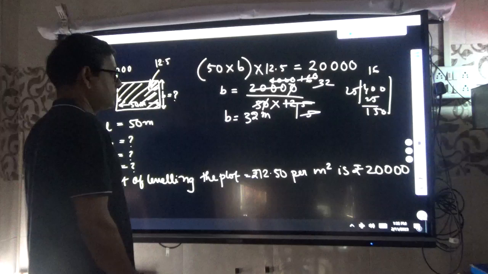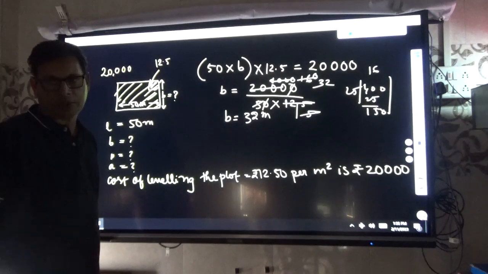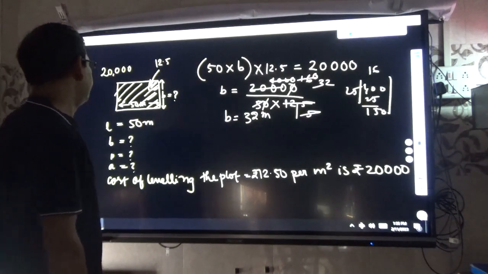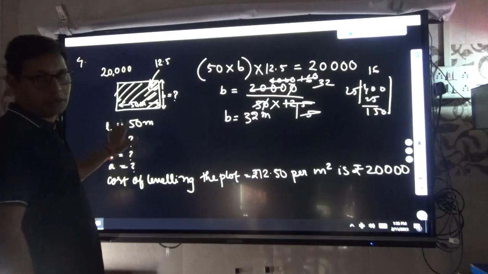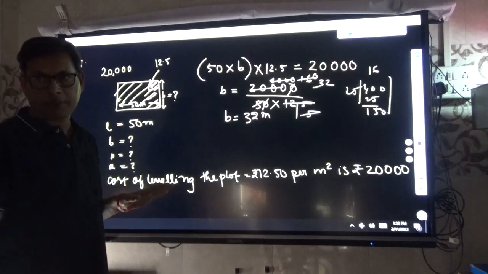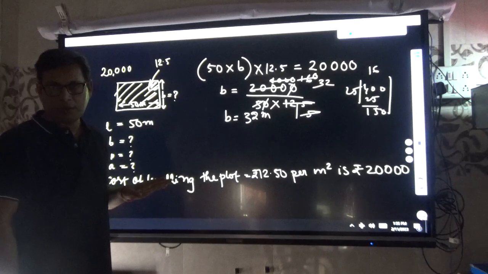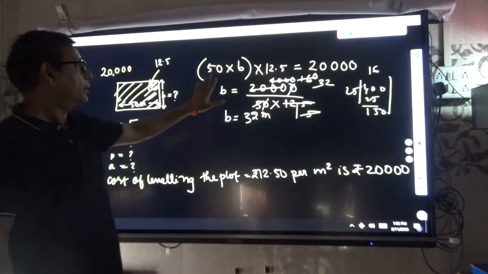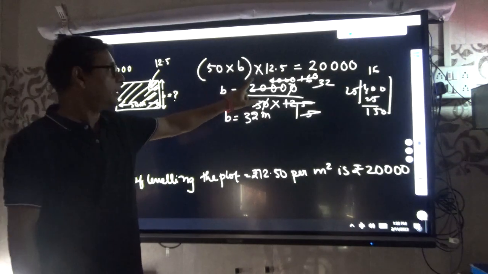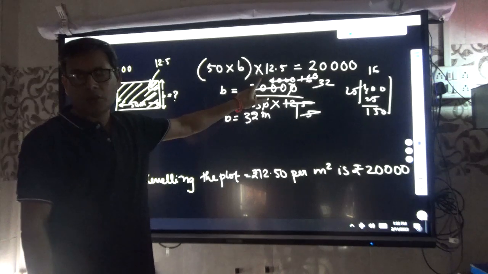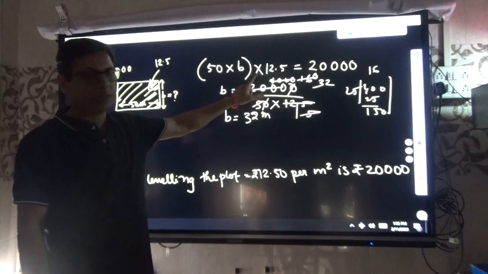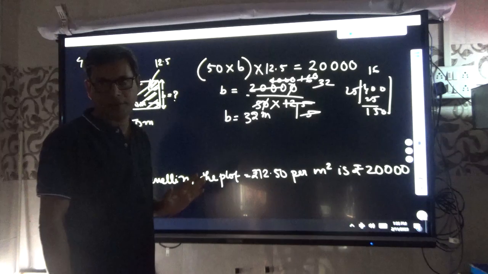Now just to test whether our answer is correct or not, let us try to understand. You understood the fundamental of this sum? Fundamental is total area into cost of leveling per square meter equal to the total money spent.